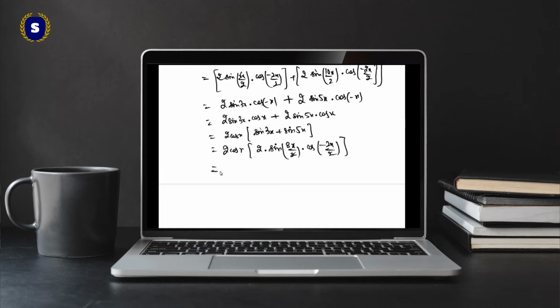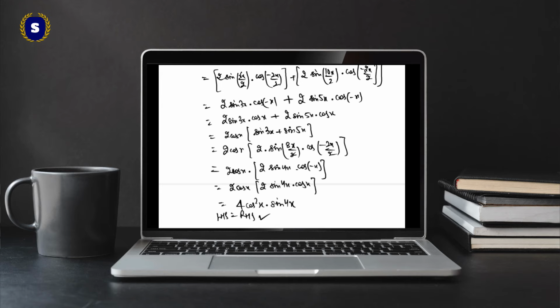So it will be forming 2 cos x, 2 sine 4x into cos minus x. As we know, negative sign and cosine doesn't matter, so it will form 2 sine 4x into cos x. So this is 2 multiplied by 2, it will form 4 cos x multiplied by cos x, it will form cos square x into sine 4x, that is equal to RHS, hence proved.